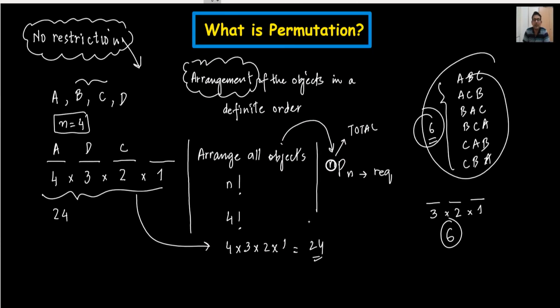It can be nP1, it can be nPr, it can be anything. When you use a calculator and press 4P4, your answer will be 24. So this is the explanation of permutation without restriction, how we can find it and what we mean by permutation.